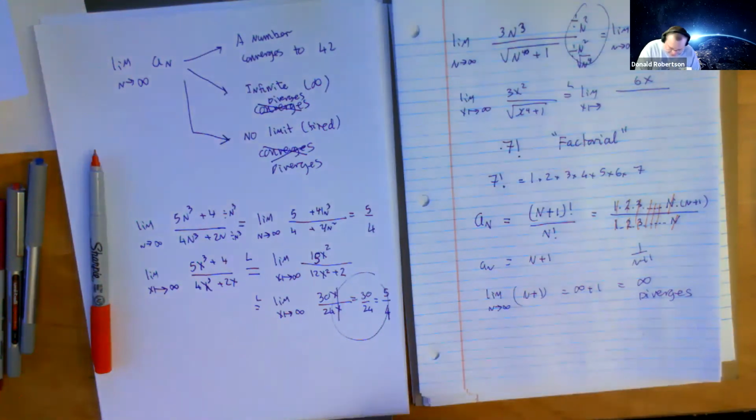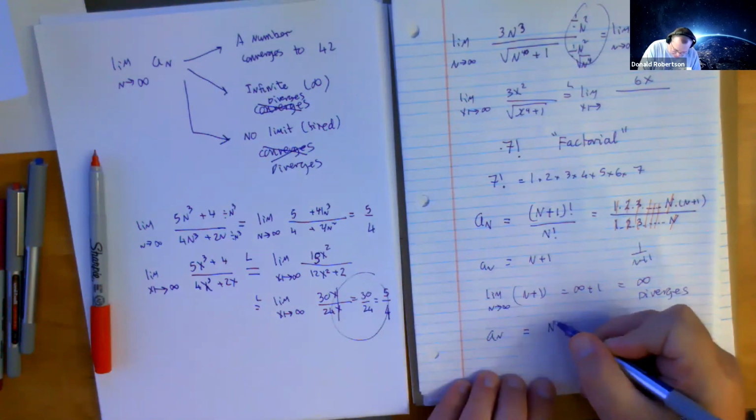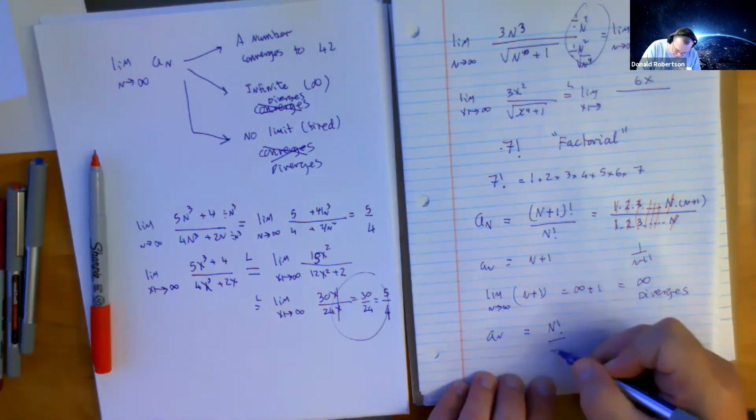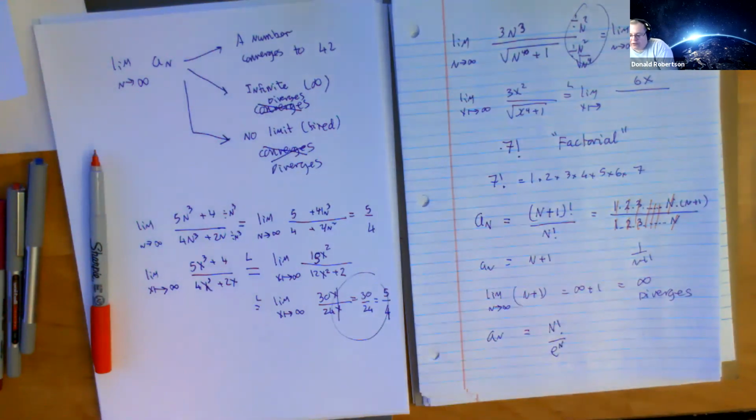Now, sticking on the factorial theme, you cannot do calculus on this. You have to do by inspection. That's just a fancy word for I know how certain things get big, and I know that certain expressions get bigger quicker.